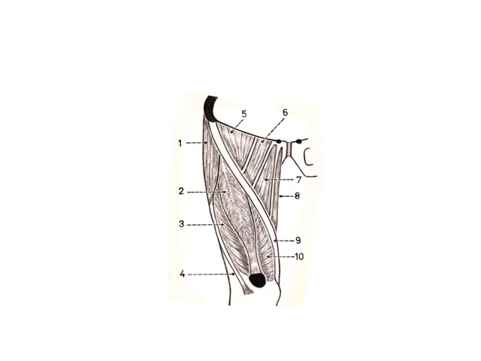We start by the sartorius muscle, which is a long, slender muscle which arises from the anterior superior iliac spine above and has two courses: an oblique course where it forms the lateral boundary of the femoral triangle, and a vertical course below, number 9, where it forms the roof of the adductor canal.